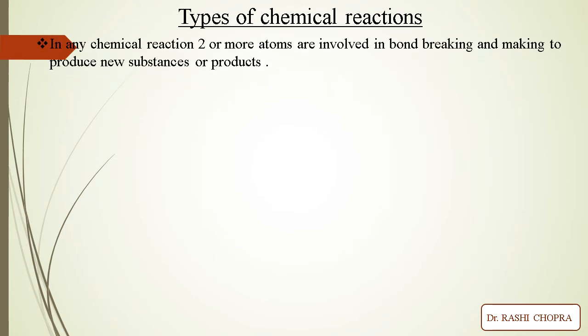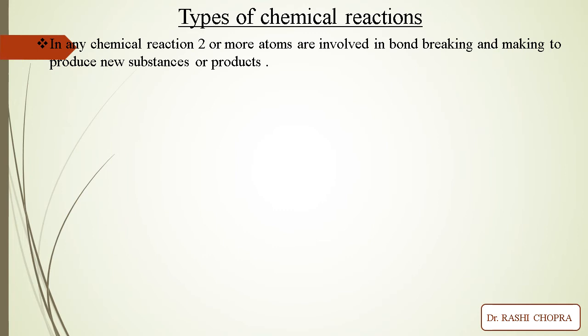Whenever a chemical reaction is going to occur, 2 or more atoms are involved in bond breaking and bond making. So basically, whenever a chemical reaction is taking place, the reactant molecules or atoms break their bonds, and then they make new bonds to give us the products, which are the new substances that are formed, called products.